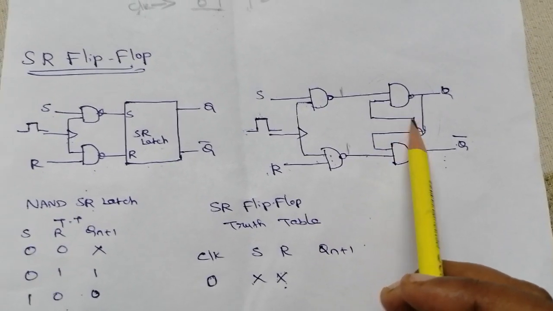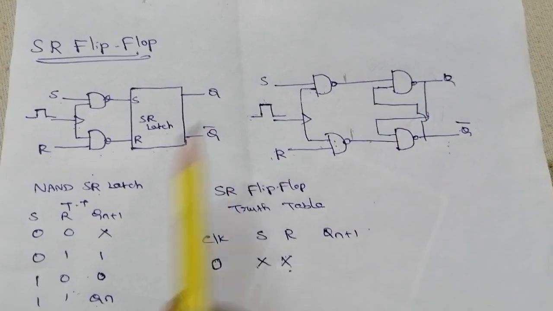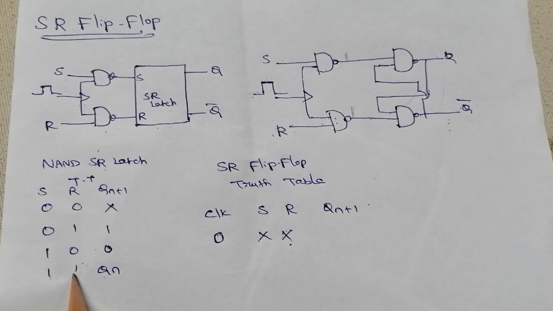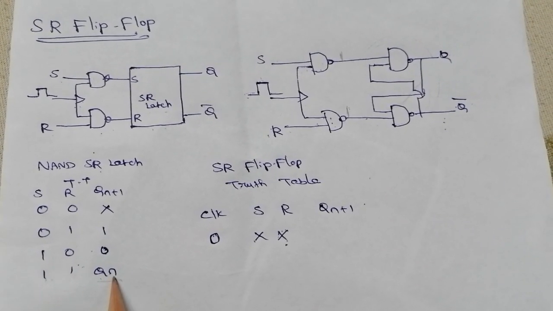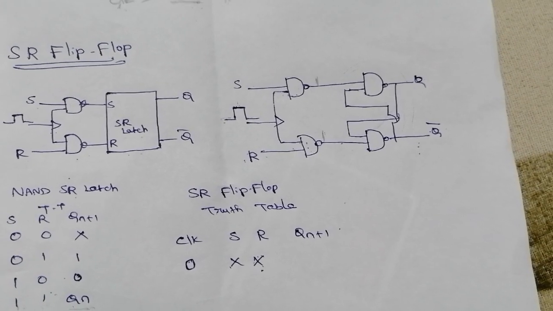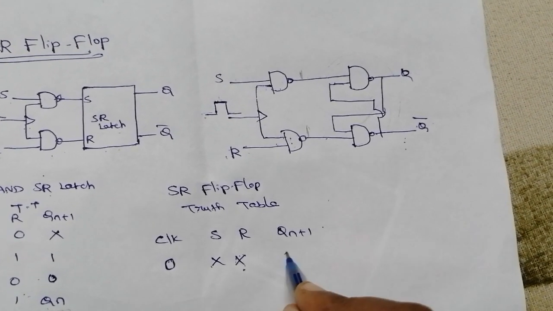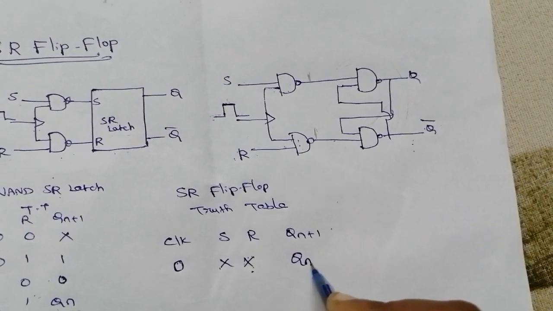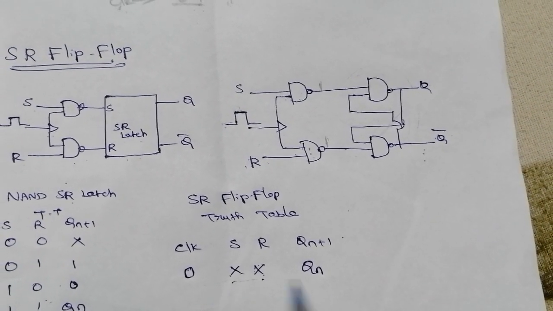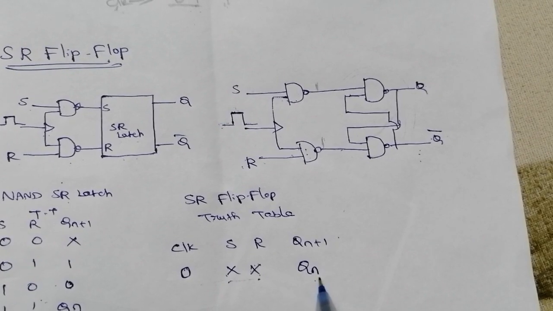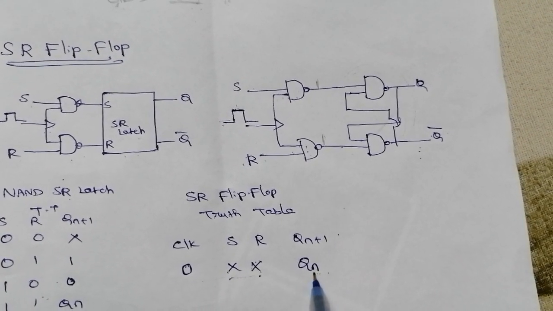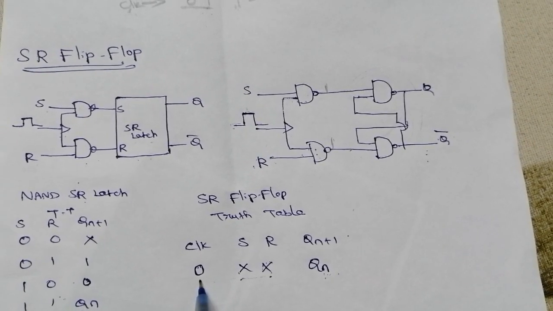We already derived the SR NAND latch truth table, right? In that truth table, for inputs 1 1, the next state will be the previous state. So here also the next state will be the previous state, Qn. If previously Qn is 0, in this condition also it is 0. There is no change at the output when the clock signal is 0.